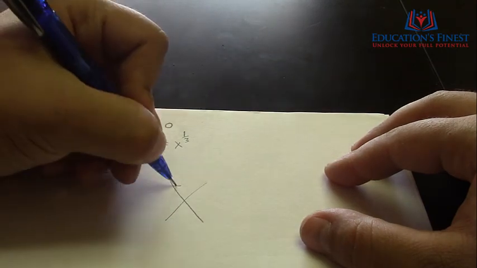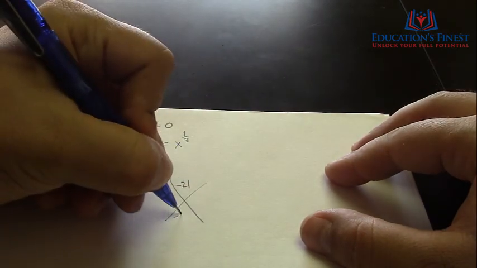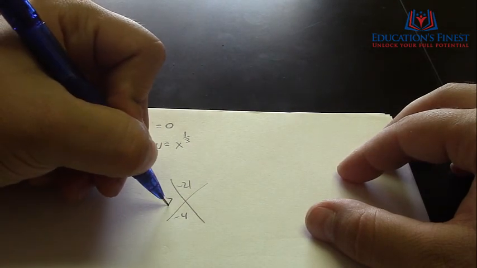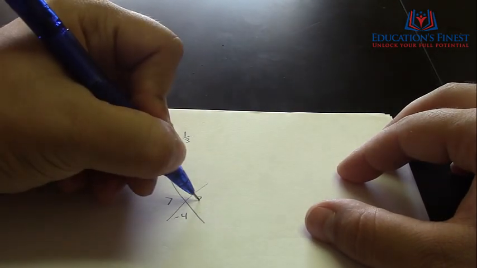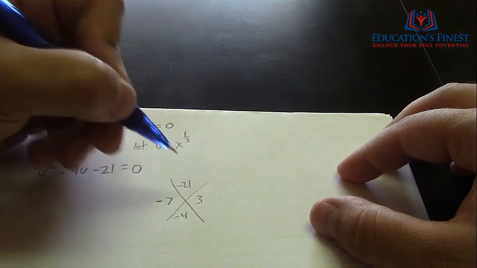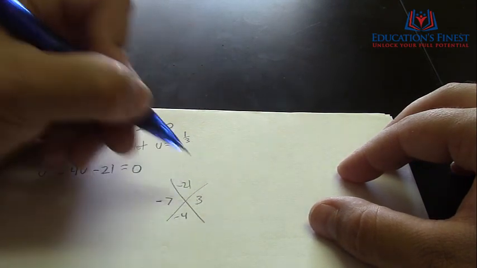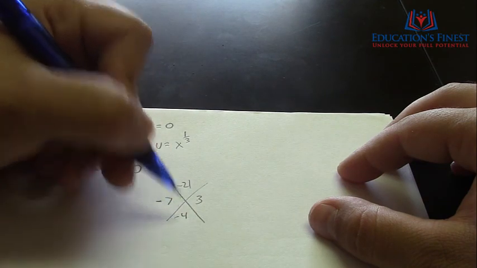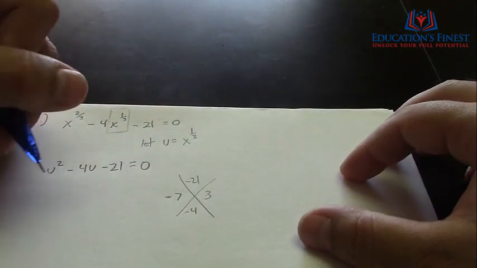I'm going to take negative 21, put it there, negative 4, put it here, and let's see, 7 and 3, negative 7. Okay, negative 7 times 3 is negative 21. Negative 7 plus 3 is negative 4. So we got it factored.